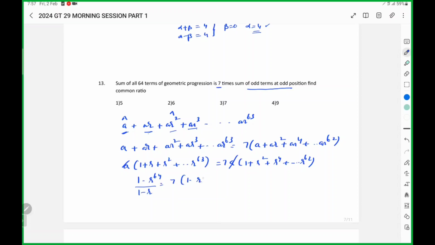Here, 1 minus R square power, how many terms here do you have? 32 terms, right? So it is 1 minus R power 64. Here it is 1 plus R. 1 plus R is 7. R is 6.